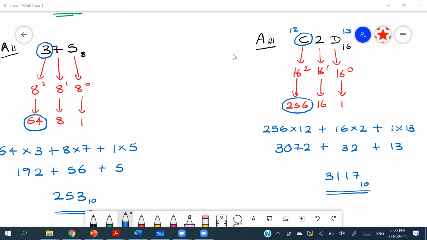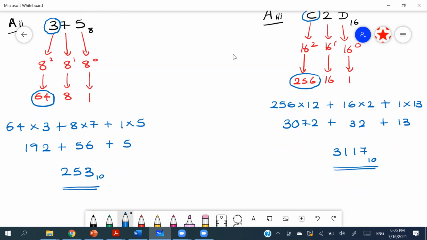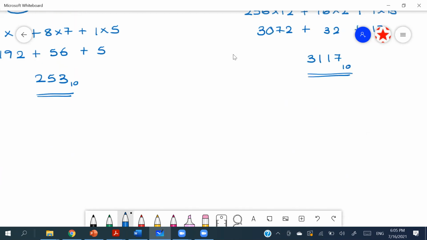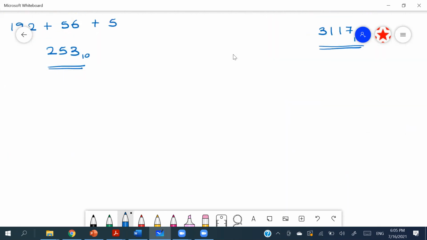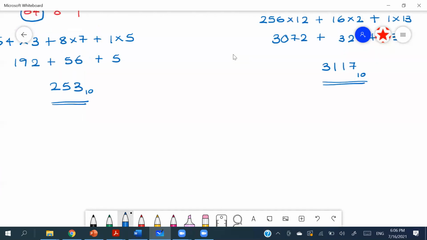Right? Okay, so here I'm going to introduce you the next conversion. Right? So the next conversion, so far we have done 2 conversions, right? So first we have done converting the decimals into non-decimal values, and then we did the reverse, which means converting non-decimal values into decimal values.